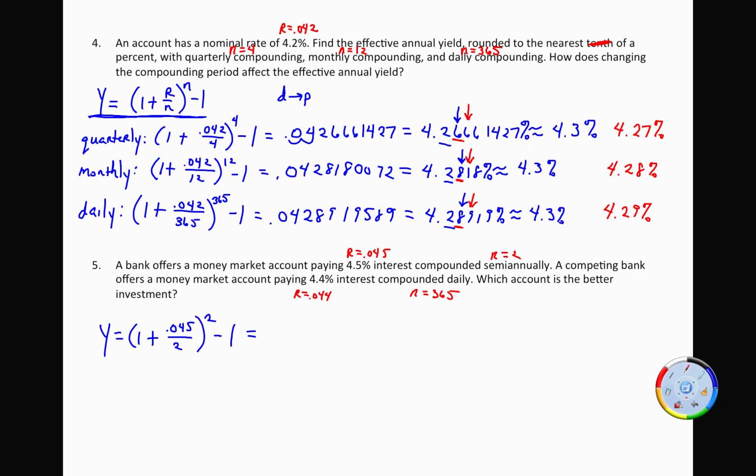Okay, make sure you don't make it 200, 002. So I get 0.045500625.